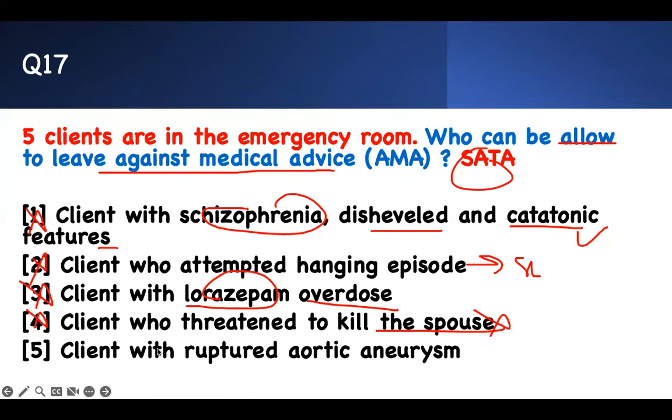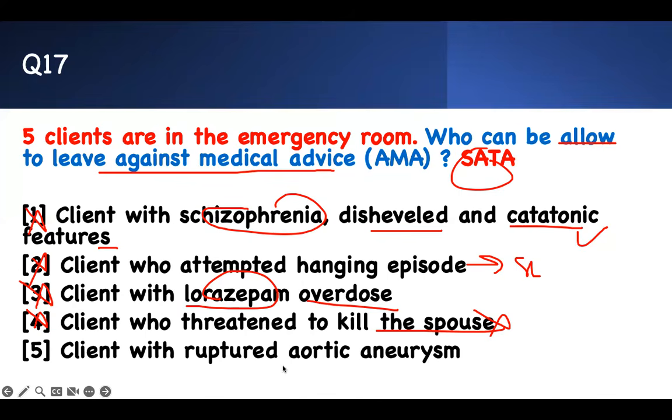Client with what? Ruptured aortic aneurysm, right? There's no drug, there's nothing. I intentionally left out the word competent, but all of them are competent, right? I left it that way to make it as vague as possible, but straightforward. This is what I give you. You cannot overthink it. Okay. So client with ruptured aortic aneurysm.